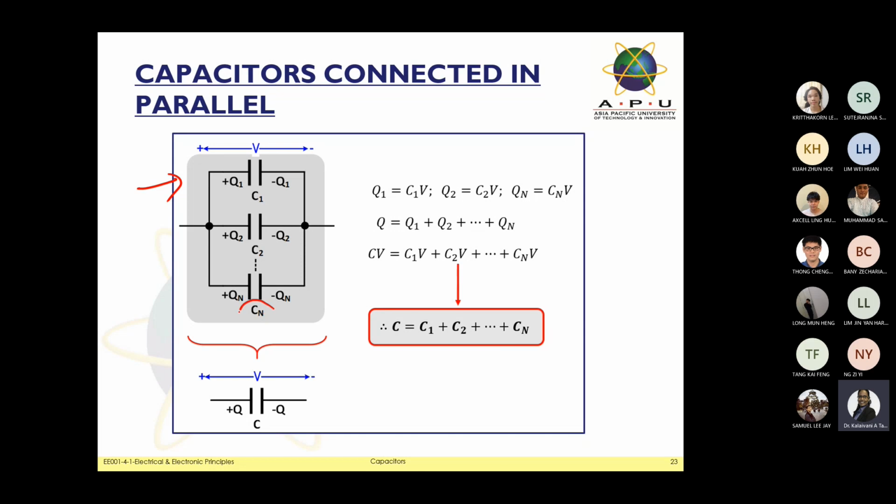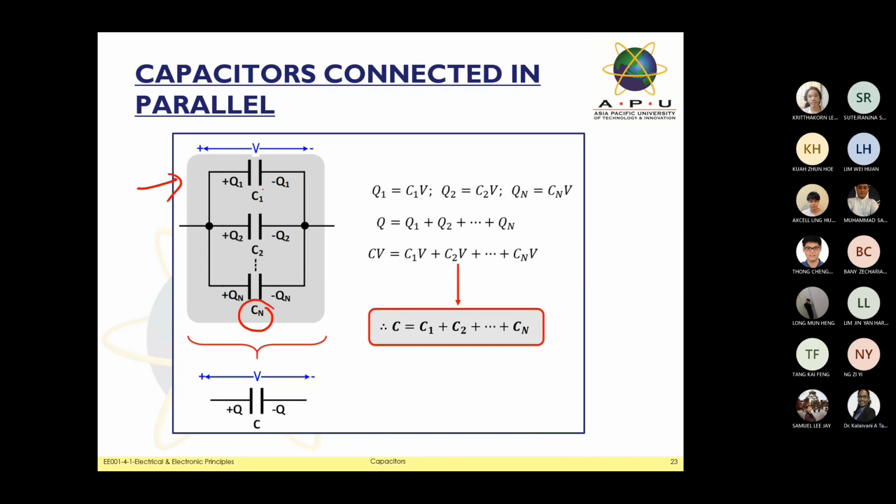Actually the one they highlighted as Cn stands for multiple capacitances, but they did not draw all the capacitors here. So in a shortcut way, they just highlighted Cn. We don't know whether it's capacitor number 5 or 6 or 8 or 10. That's the reason they highlighted it as Cn.